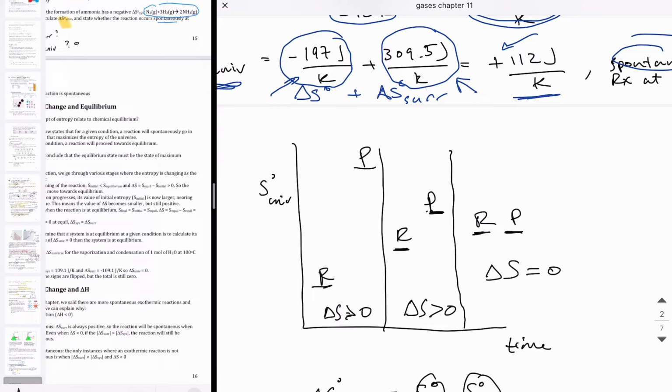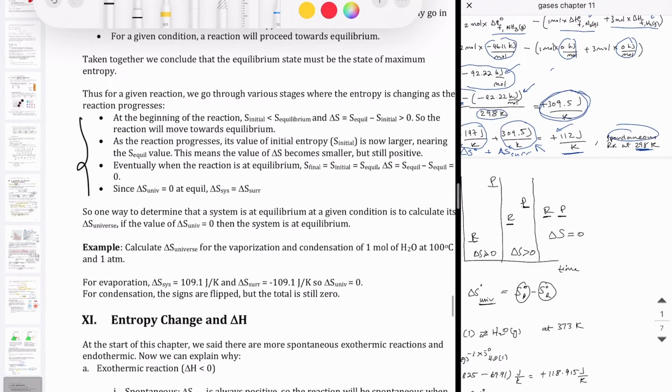When your delta S is equal to zero, there's really no reason for the reaction to go any more. It's just done. Delta S tells us that there's no directionality to this reaction because the delta S is zero. So that's how you want to think about a reaction as it's progressing. Initially, you start with a delta S value that is pretty positive, and then it gets closer and closer to zero, and when it reaches zero, that's when you know your reaction is done.